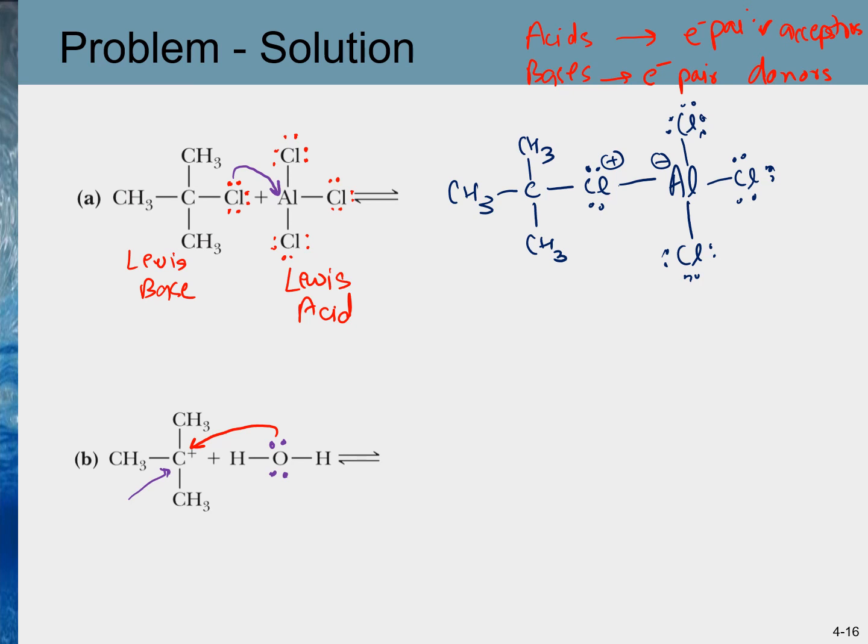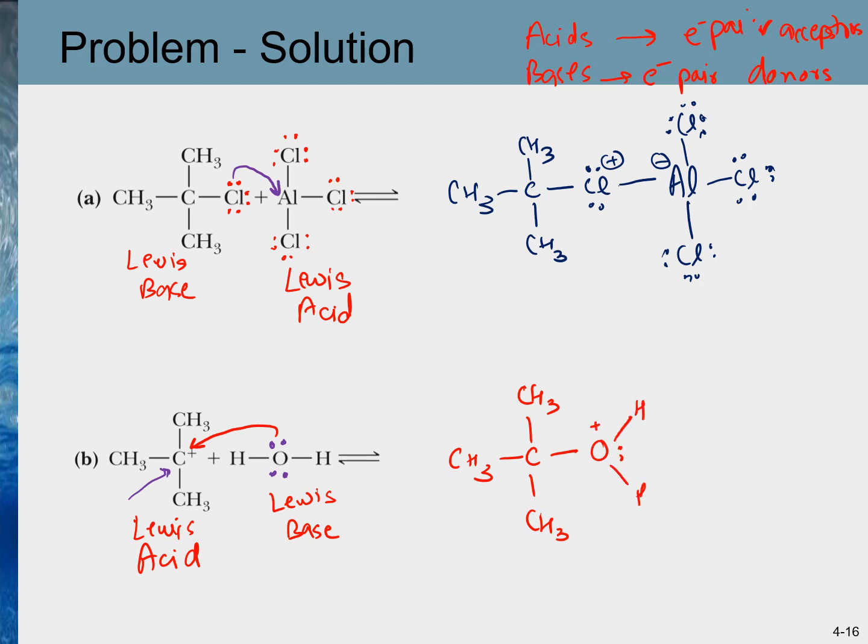Now because water is donating the pair of electrons, it's a donor, so water is a Lewis base, because the donor is the base. On the other hand, this carbocation, because it's accepting it, will be the Lewis acid, and the end product will be this one.